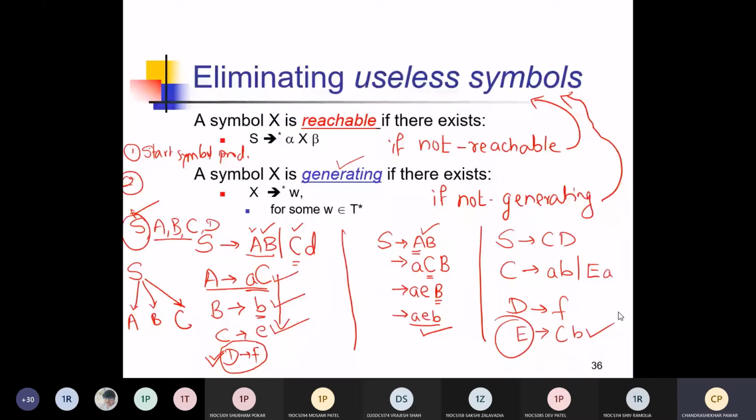C has two productions, AB and EA. I just remove the remaining things now.